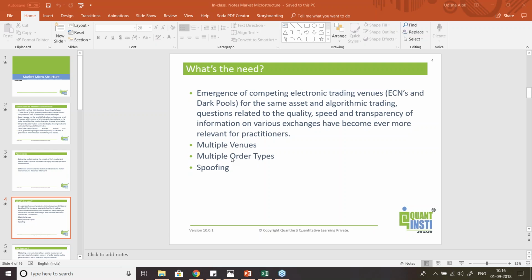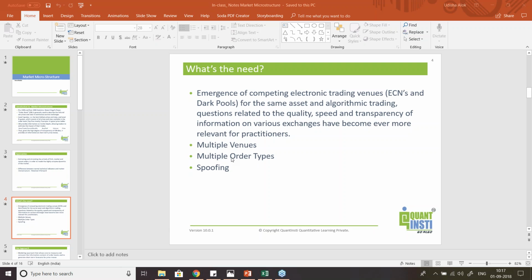So going back to multiple venues. In India, we have two exchanges like NSE and BSE, but in the US, you have 19 exchanges. So when you make an order book, you need to have all the volume data, the data of the volume that is present in every exchange.